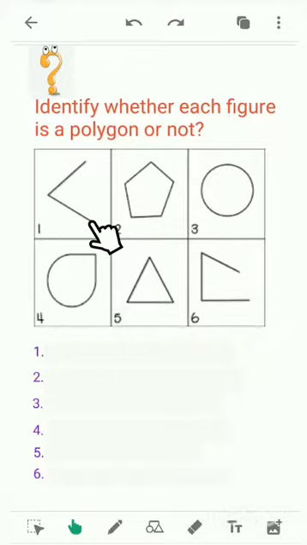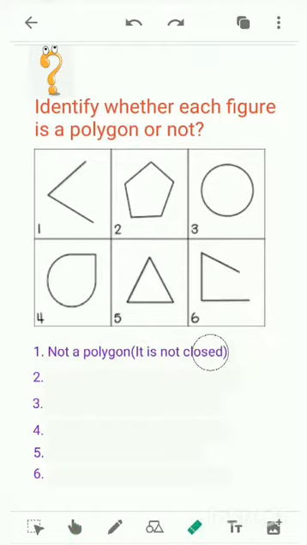We have to check whether it's a polygon or not. We know that a polygon is a closed figure made up of 3 or more straight lines. But the first figure is made up of straight lines, but it is not closed, it's open. Therefore, it's not a polygon.